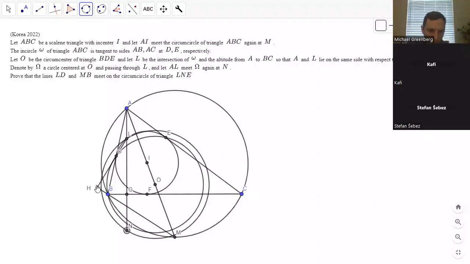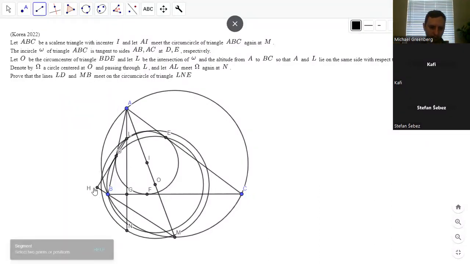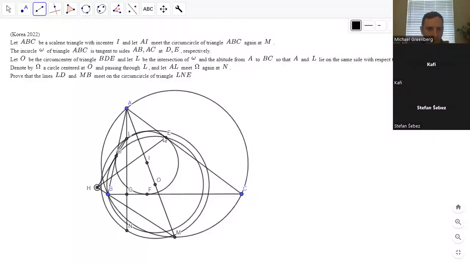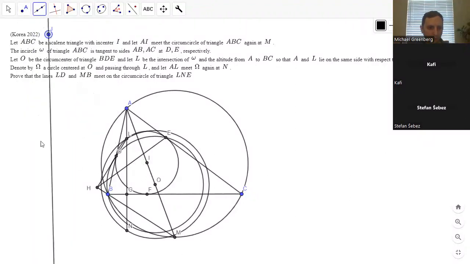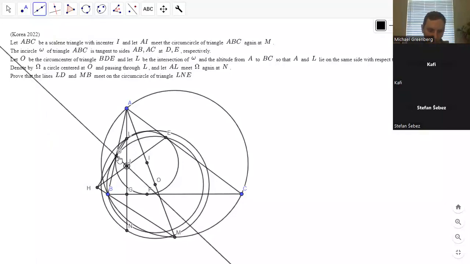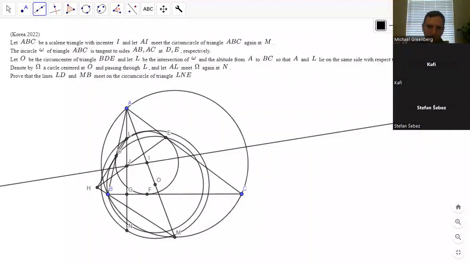So where do LN and HE intersect? Maybe if I could show this point is collinear with something else, then that would help us use power of a point. I don't think it is. Okay.